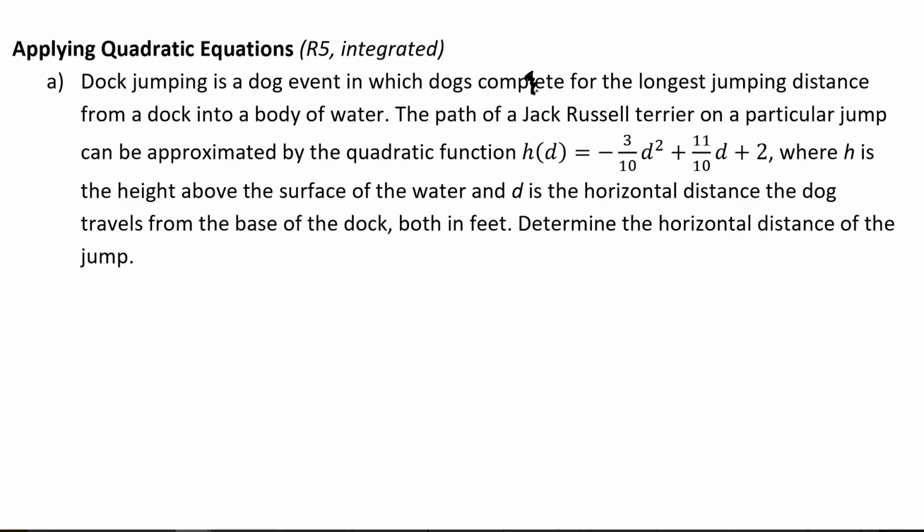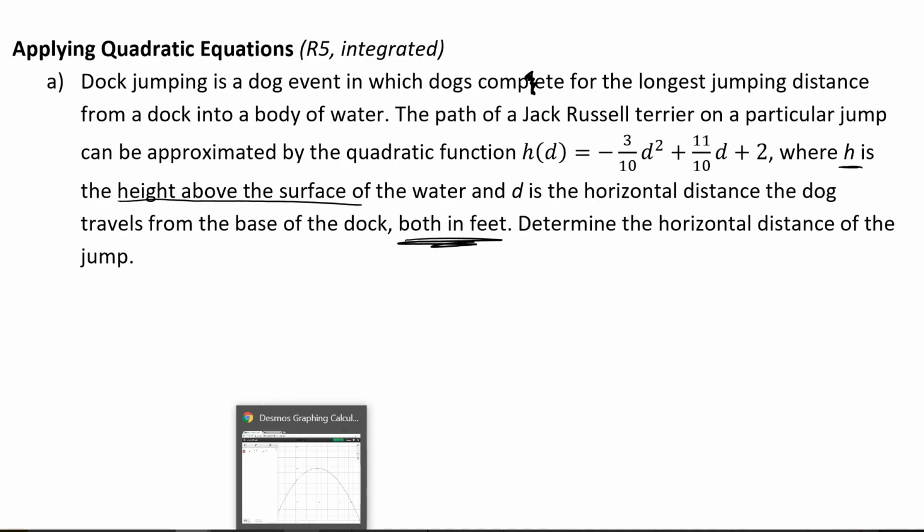The path of a specific Jack Russell Terrier, oh cute, on a particular jump can be approximated by the quadratic function h of d, so the height at a specific distance, equals negative 3 over 10 d squared plus 11 over 10 d plus 2, where h is the height above the water surface, and d is the horizontal distance the dog travels from the base of the dock, and both of these are in feet. Determine the horizontal distance of the jump.